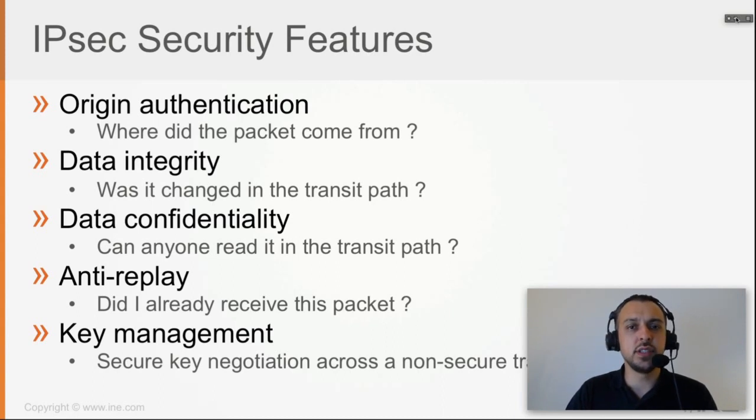So the two parties need to end up with some secure keys that are going to be used to encrypt and hash traffic, as we also discussed in the cryptography section.